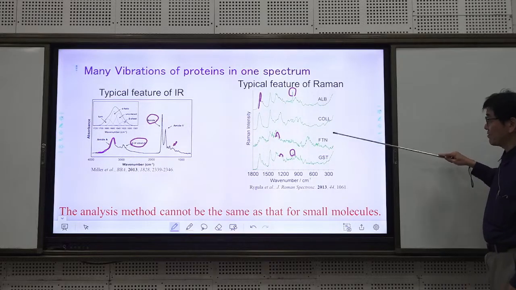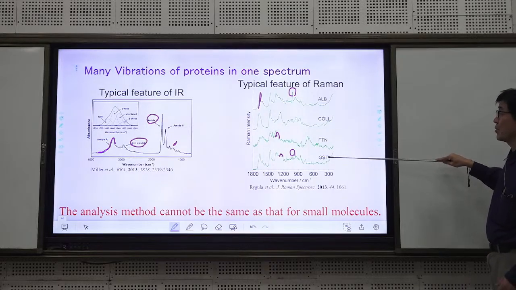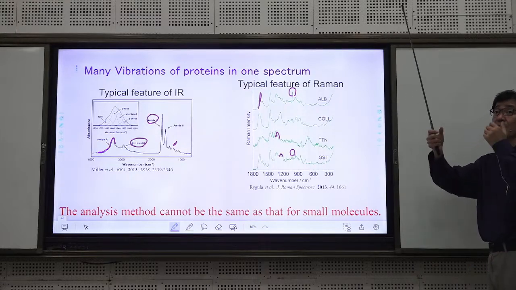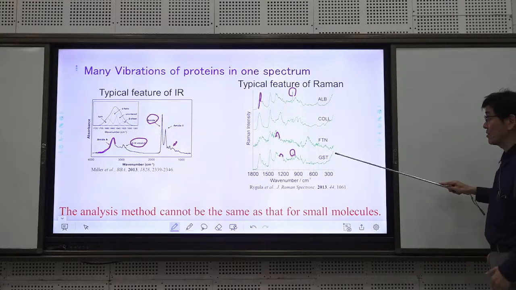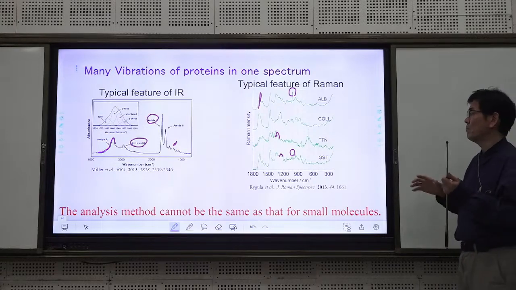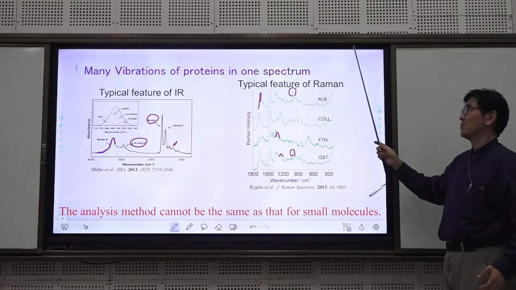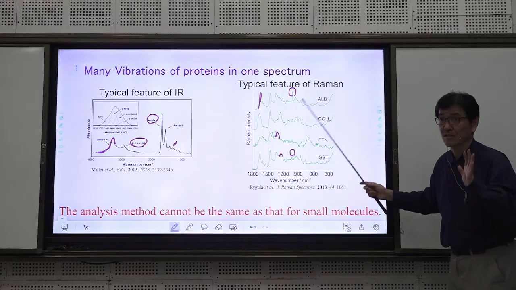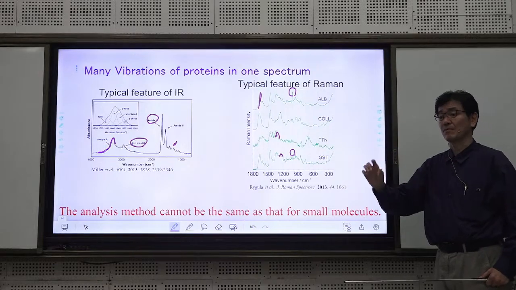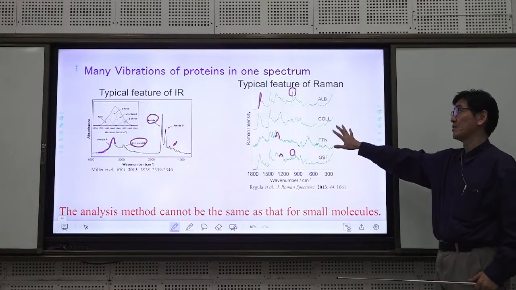And sometimes we find the SS stretching of the disulfide bond near 500 wave number. So we can measure the spectrum by putting the sample on the spectrometer. We get the spectrum.